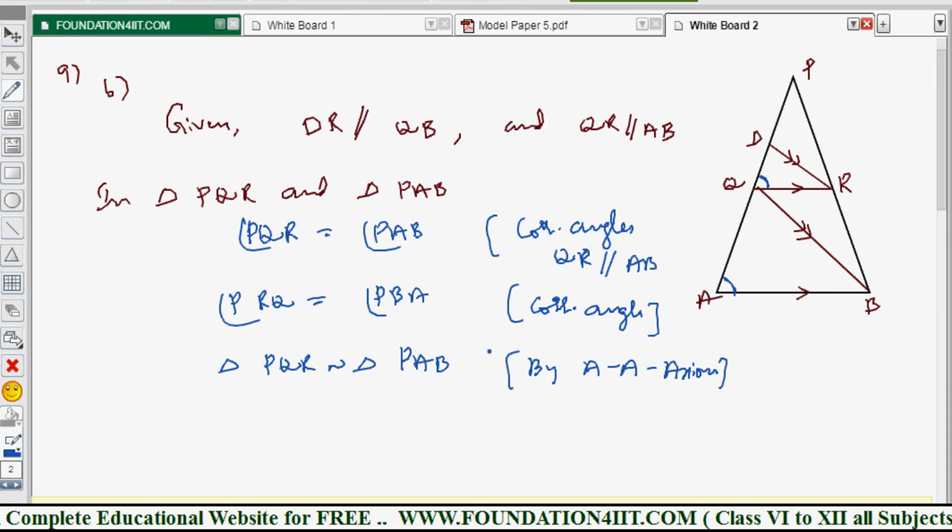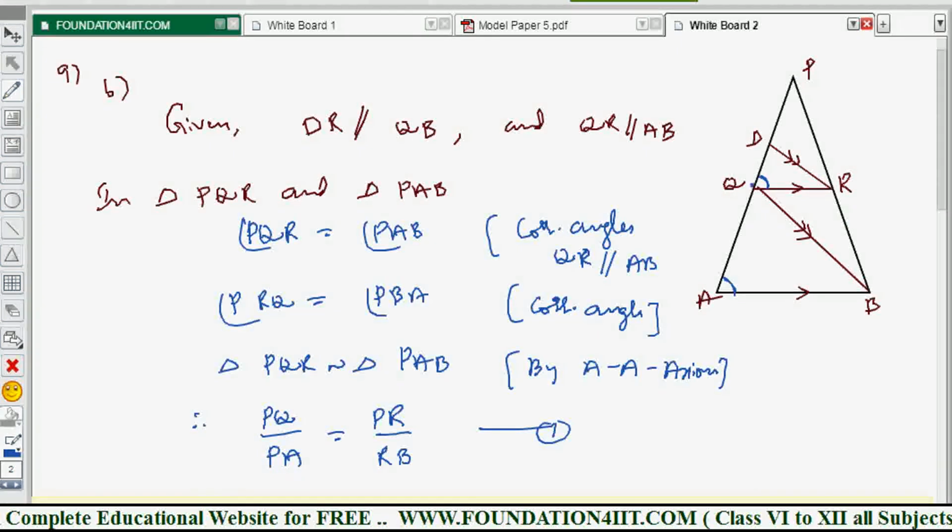Now when two triangles are similar, corresponding sides are in the same ratio. That is PQ by PA is equal to PR by PB. Let this be equation 1. PQ by the total PA, and PR by PB.